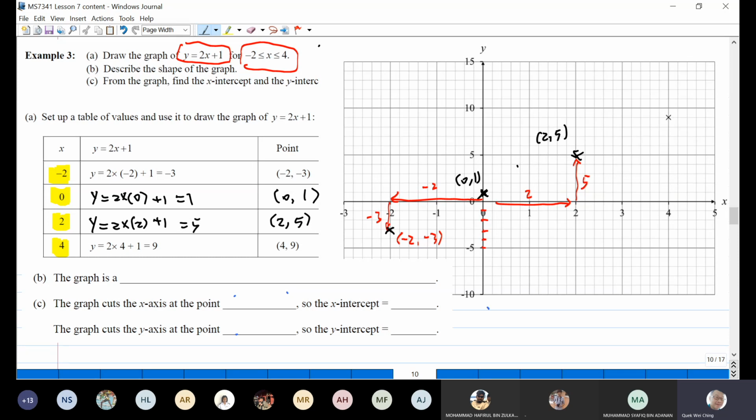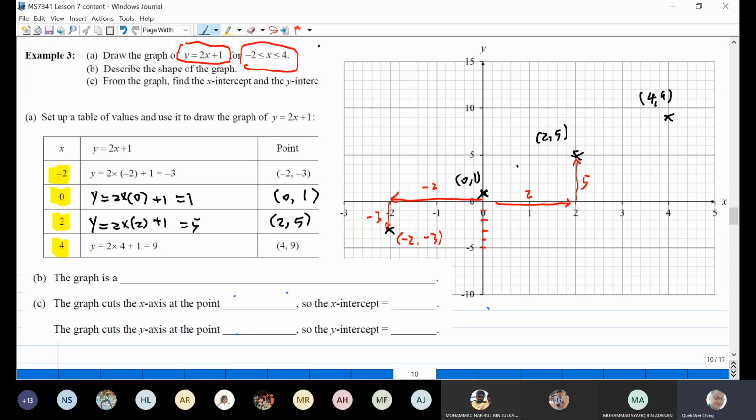Does it look like a straight line? Looks like a straight line, right? Let's also do a fourth point. When x equals 4, then y is equal to 9. 2 times 4 plus 1 is 9. So (4, 9) can go here.